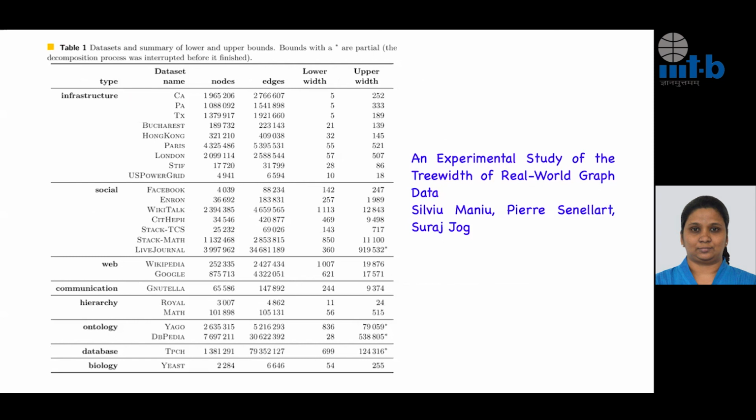And the experimental study has shown that in many cases, the tree width of the graph is very small compared to the size of the graph. For example, if you look at infrastructure graphs, there are millions of nodes, whereas the tree width is small, somewhere between 5 and a few hundreds at most.